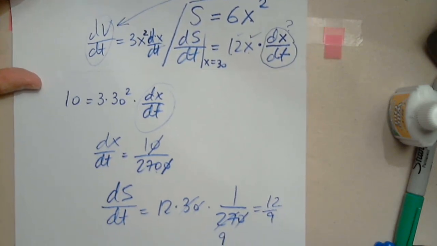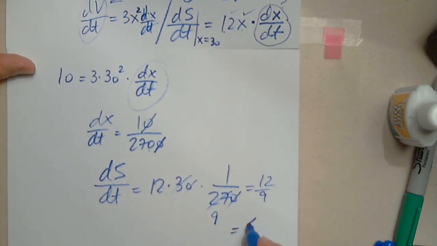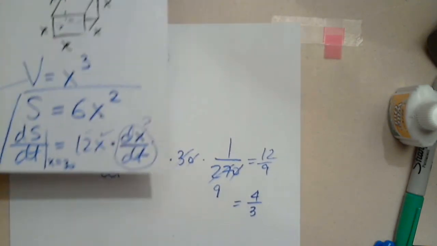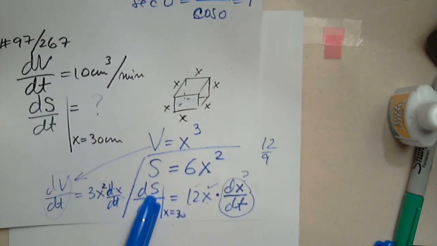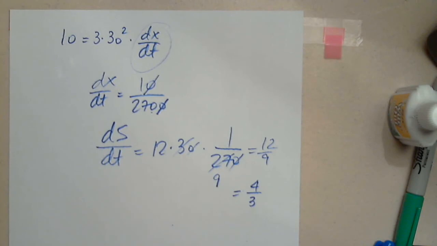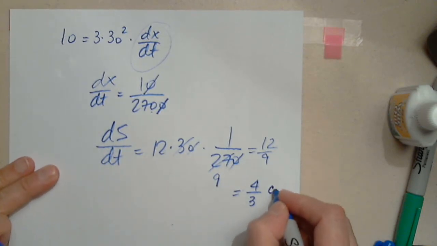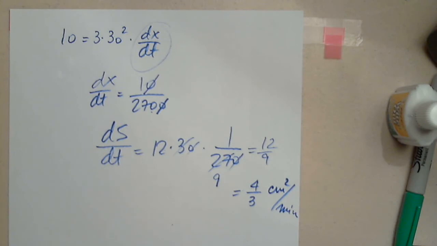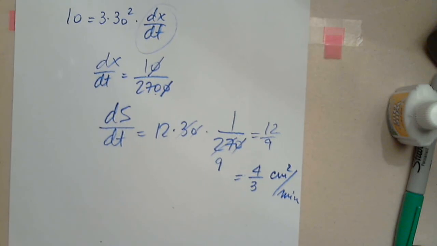I will simplify again by 3. And I get 4 divided by 3. Measurement unit? Centimeters per minute. Careful. Oh, squared. Yes. Very good. That's it.